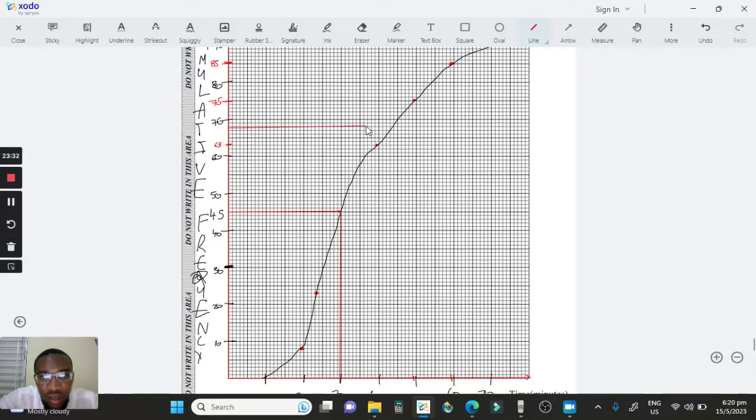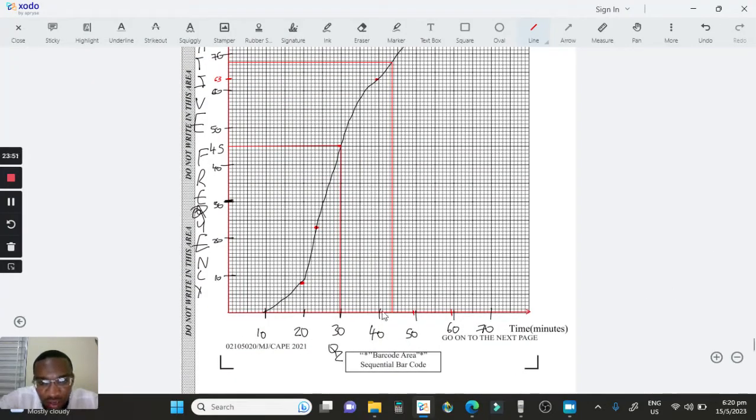And then we go across at 67.5, and then we scroll down. Mine is in the middle. So my upper quartile, remember this is directly down the middle, so this is 41, 42, 43, 43.5.